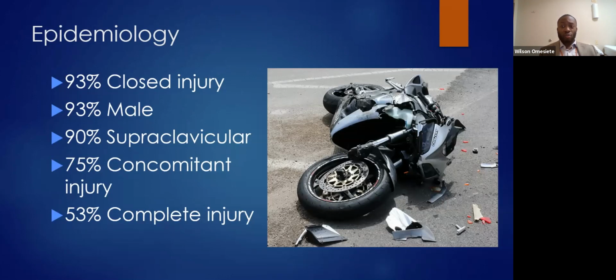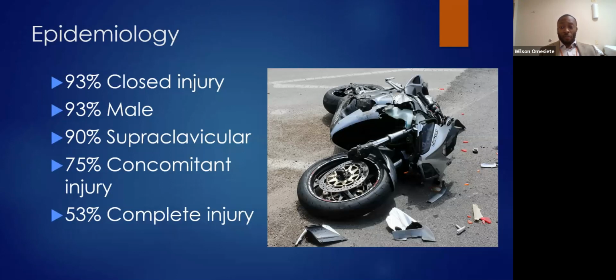The next largest subgroup of injuries involve C5 and 6, Erb's palsy, which comprise about 1/4 of plexus injuries. Lower injuries to C8 and T1, Klumpke's palsy, are much rarer, in the order of less than 5%. And if an injury to the brachial plexus does occur, it's more likely to be secondary to high energy mechanism.